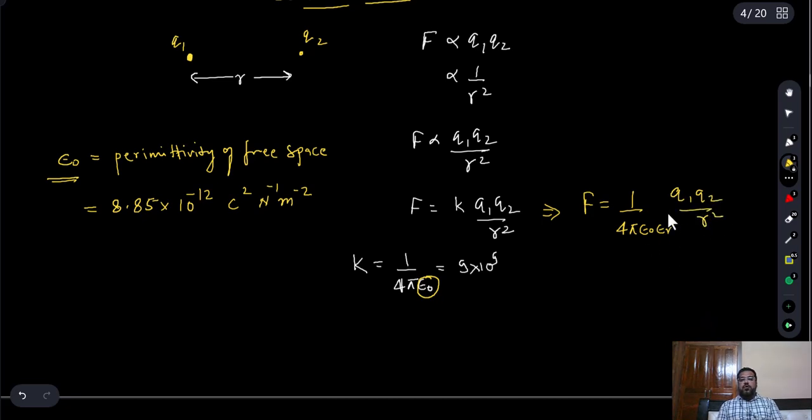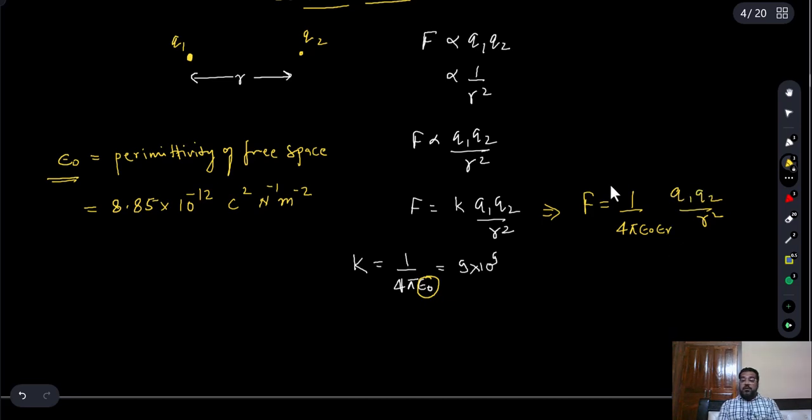Now this epsilon r is the permittivity of that medium. Sometimes it is represented by K also, which is called the dielectric constant. We can use the terms interchangeably; there is no difference between them. So just remember one thing: whenever there is a medium, you are supposed to account for its permittivity or dielectric constant.